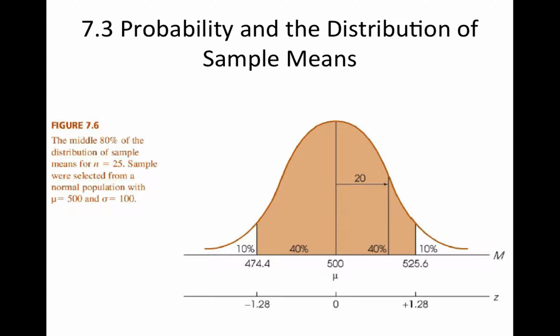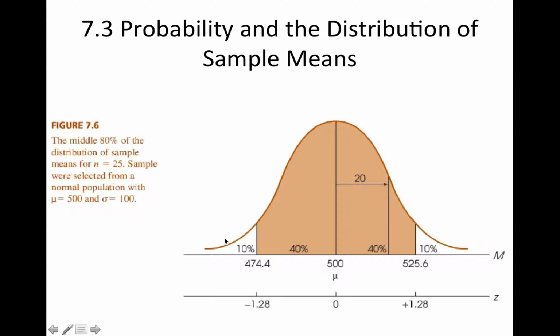Now let's say, what if we wanted to ask ourselves what values are in the middle 80% of a distribution of sample means? Now, here we have a graph showing that middle 80% if we have a sample size of 25. Samples are selected from a normal population, as we said before, so we can assume there's a normal distribution of sample means. And now we have the population values for mean and standard deviation.